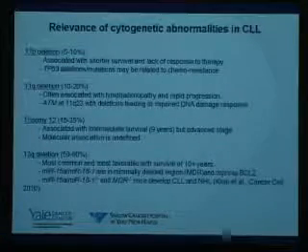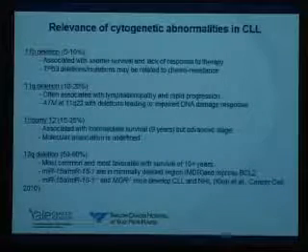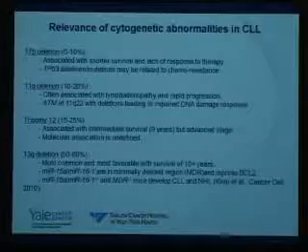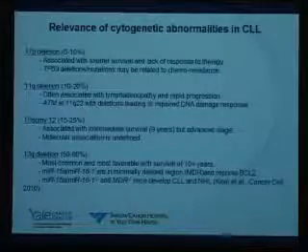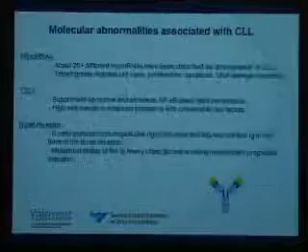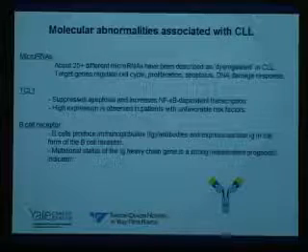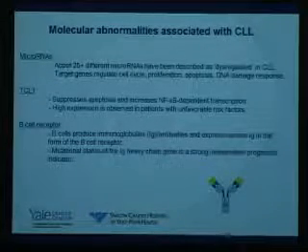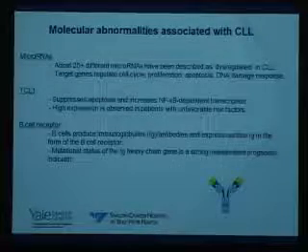It should be noted, though, that these deletions encompass megabases of DNA, and so there are probably a whole host of other genes involved that have yet to be discovered or characterized. Now, at the molecular level, there are a number of abnormalities associated with CLL, including about 25 different microRNAs that have been described as dysregulated.